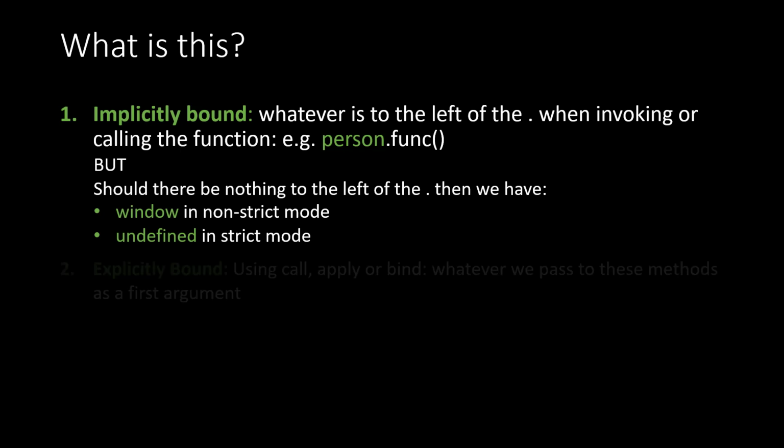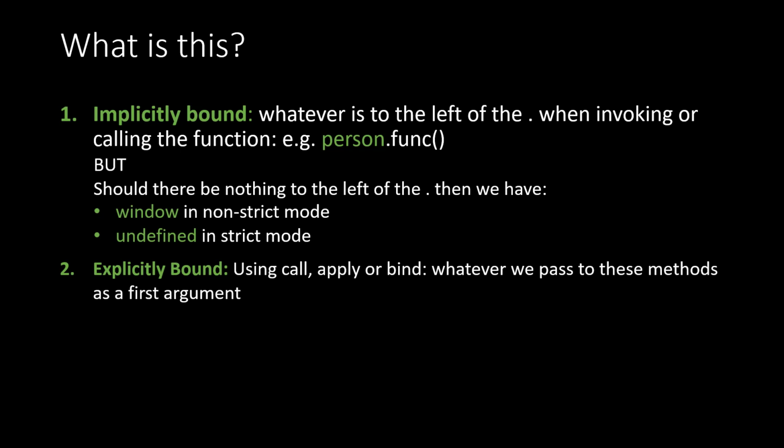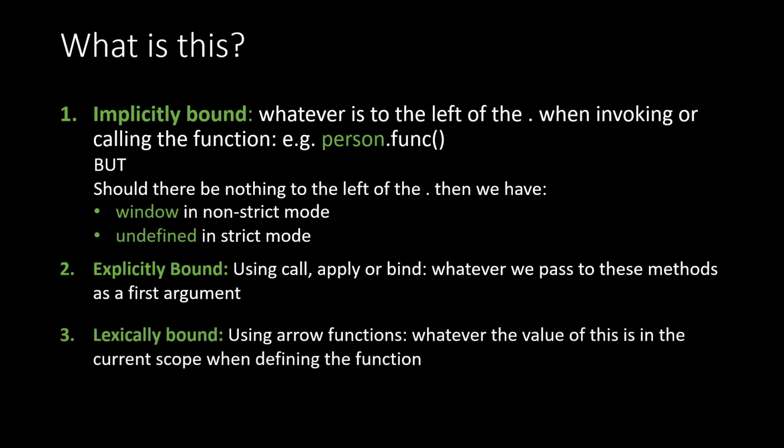We could explicitly bind this using call, apply, or bind, in which case we as programmers establish what this means inside our methods. But we also have another situation, the situation where this is lexically bound to our function, in the case where we use arrow functions to define our functions, our methods.